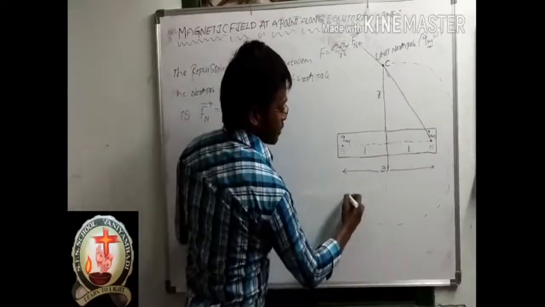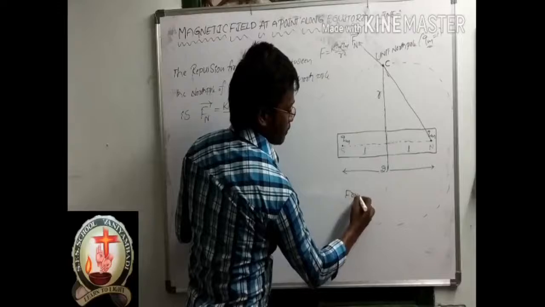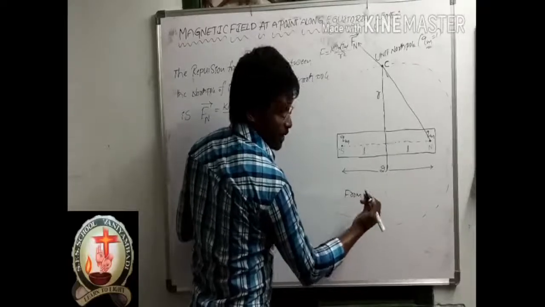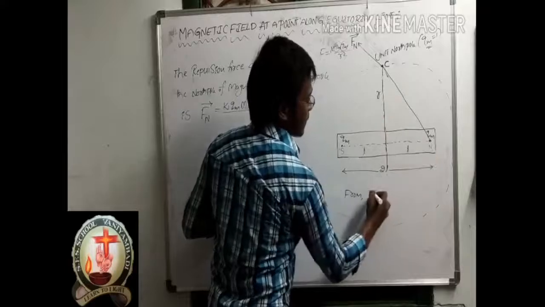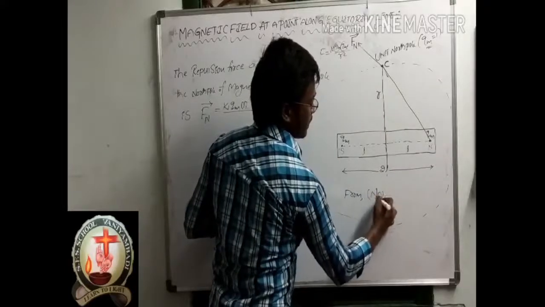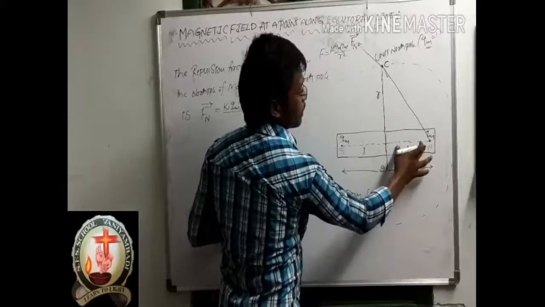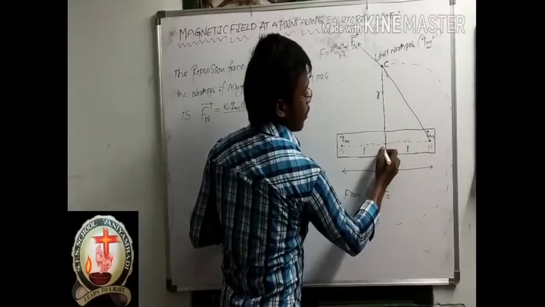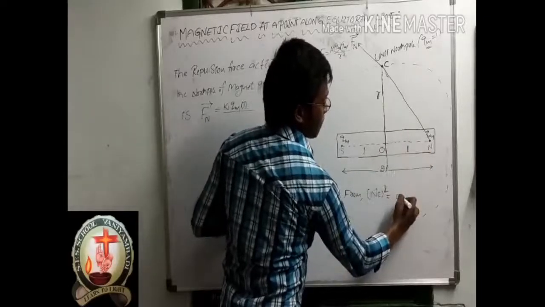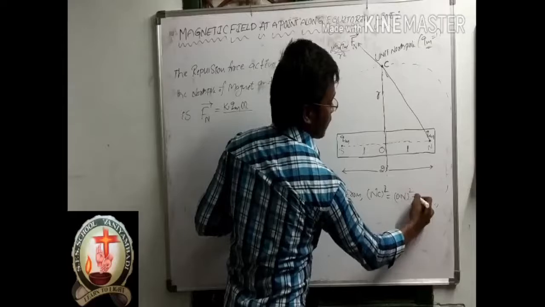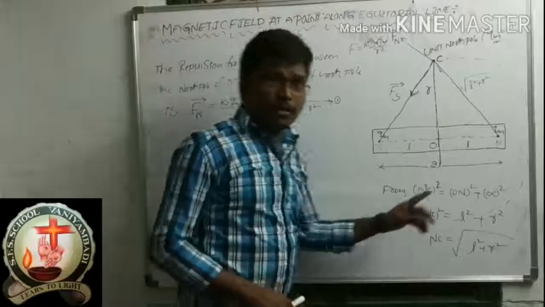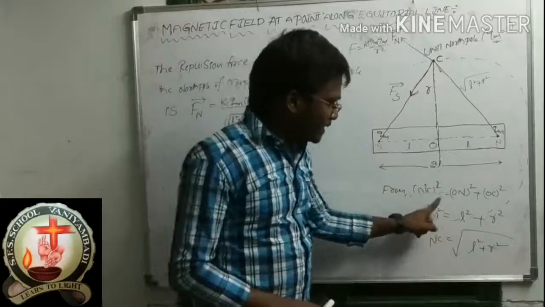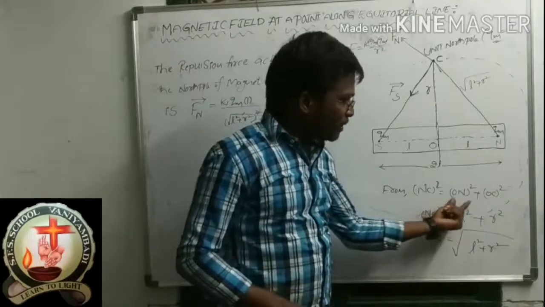From Pythagoras rule, NC whole square is equal to this square and this square. So this is the ON whole square plus this OC whole square. So here NC square only. Here ON means what?